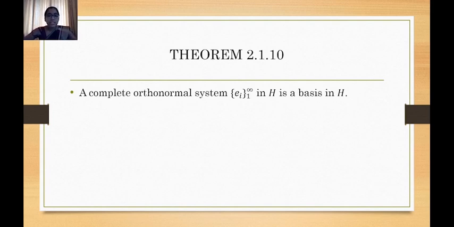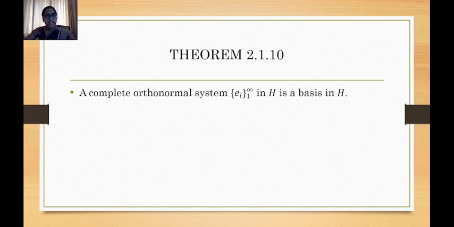The theorem is simple. It states that a complete orthonormal system in a Hilbert space H is a basis in H. Every complete orthonormal system in a Hilbert space will form a basis in that space H.